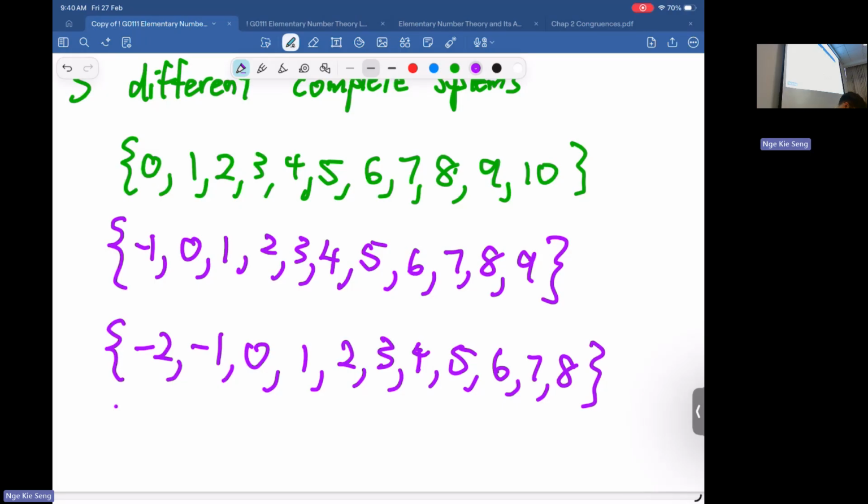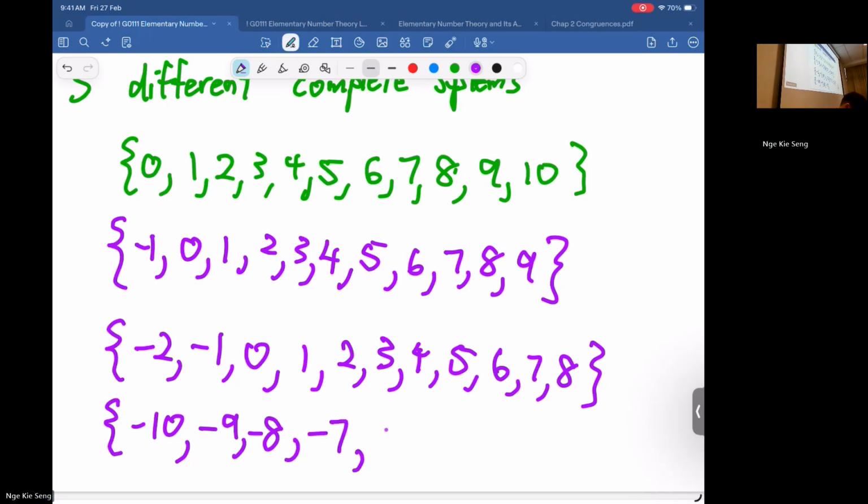Minus 10 to 0. So you mean like minus 10, minus 9, minus 8, and so on, jumping numbers: minus 5, minus 4, minus 3, minus 2, 0.